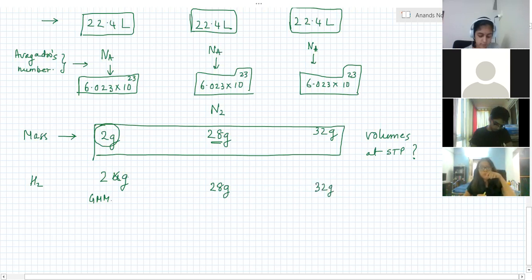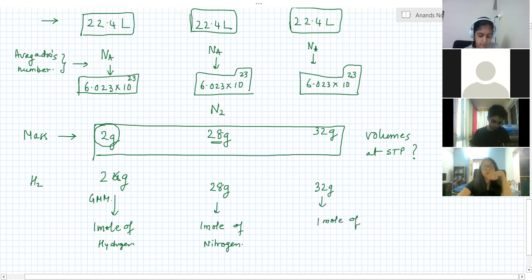So this 2 G, 28 G and 32 G are called 1 mole of hydrogen, this is called 1 mole of nitrogen, and this is called 1 mole of oxygen.